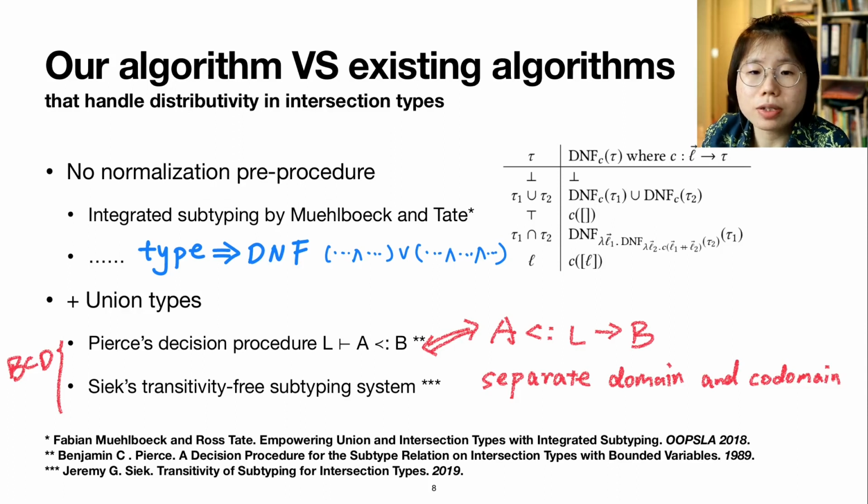And some algorithmic formulations of the BCD subtyping do not need such a process, but they don't support union types. In both Pierce's decision procedure and the Laurent subtyping system, the domain and the codomain of a function type are separated for comparison.